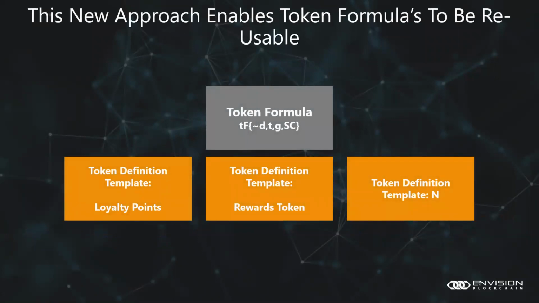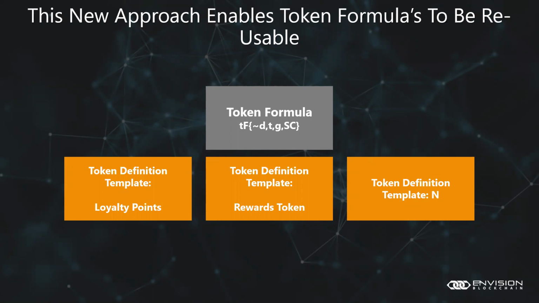When we take a look at this token formula, right under token formula, we see that the TF is a fungible token, which is not divisible, or can't be subdivided. It's not transferable. Or it is transferable, it's delegable, and the SC is this supply control, this behavior group that we just went through. And really the point here is that we're taking a look at these token definition templates.